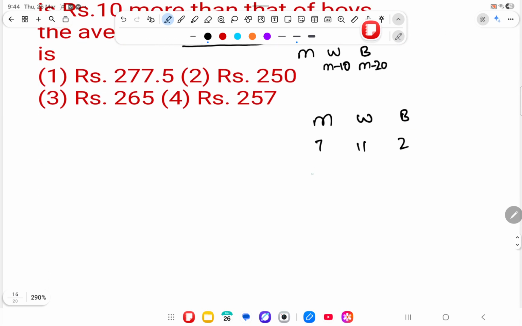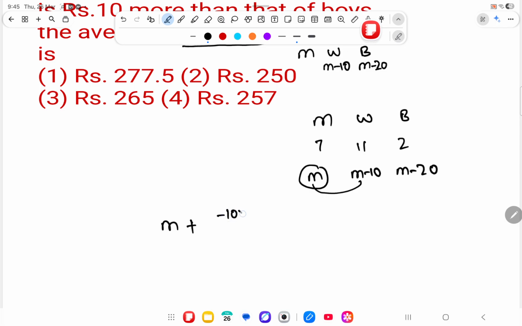Let us write here M minus 10 and M minus 20. Then how to find the average? Compare it to M: M minus 10 is 10 less than M. Average is 10 less than.